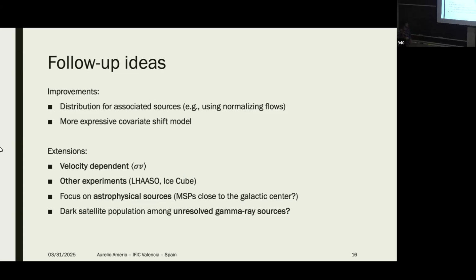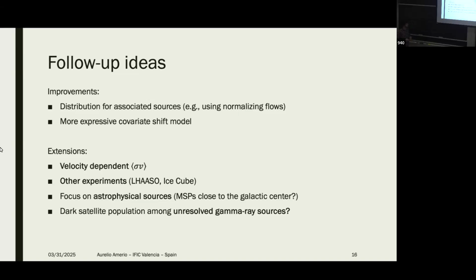We are thinking of using it with LHAASO and IceCube specifically. Also, you can tailor this analysis to work with astrophysical sources. Say that you have a good enough understanding of the astrophysical background, you could use this analysis to make a statement concerning any kind of mysterious source.